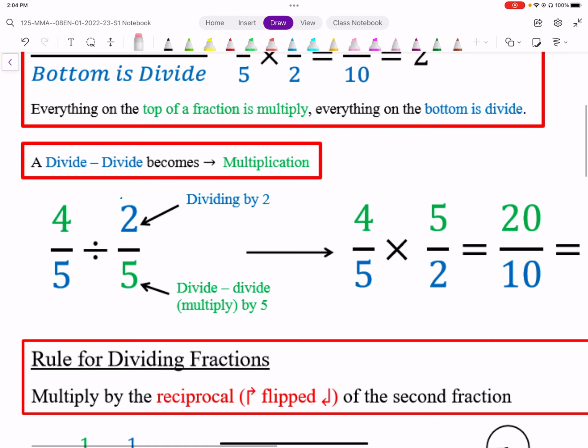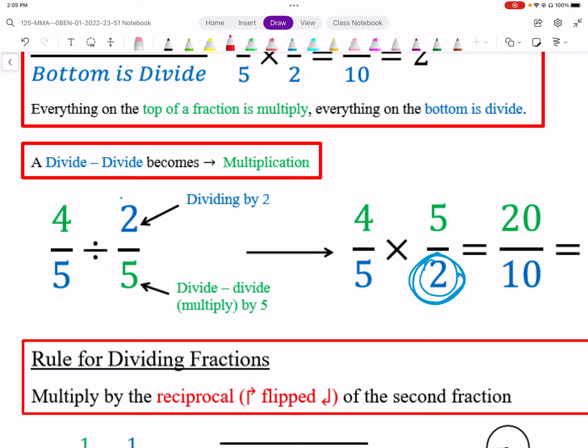When we're looking at this divide, 4 over 5 divided by 2 over 5, what this statement is saying is we have 4 divided by 5, and then we're dividing by 2. That really reads divide by 2. And since divide goes on the bottom, we should have 2 on the bottom. That's why the 2 ends up over here. It ends up as divide by 2.